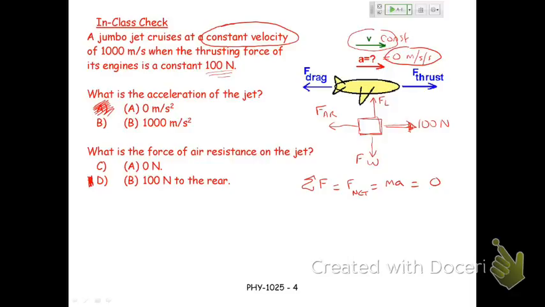So that must mean that plus 100 added to, well, this is going to point in the negative direction, minus F drag, F air resistance, is equal to 0. So F air resistance must equal 100. It's that guy.